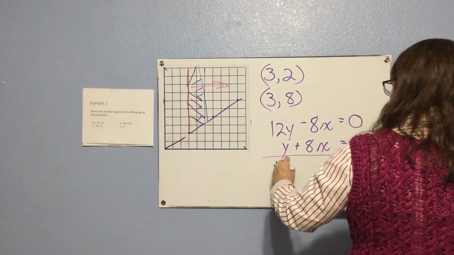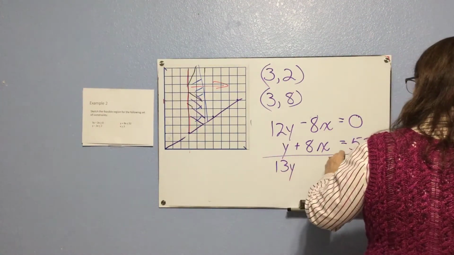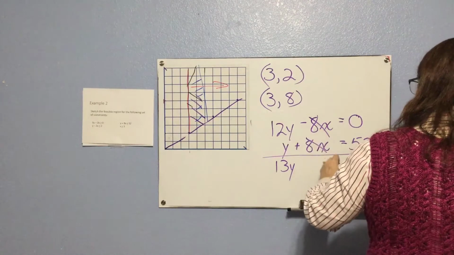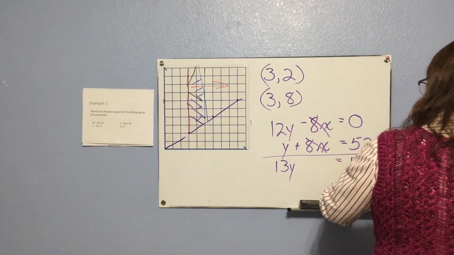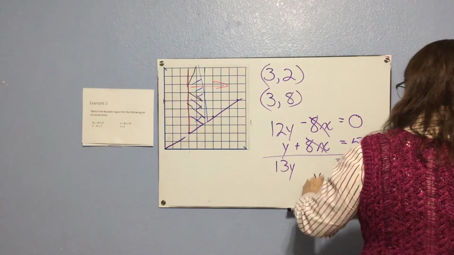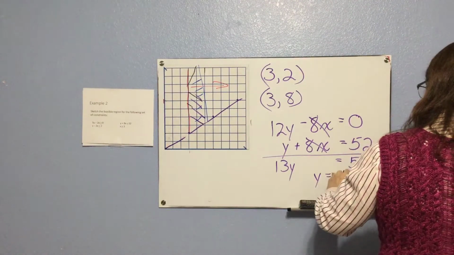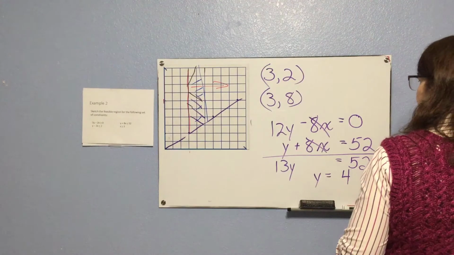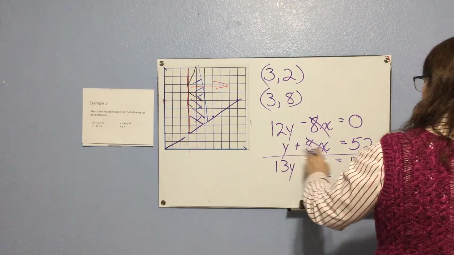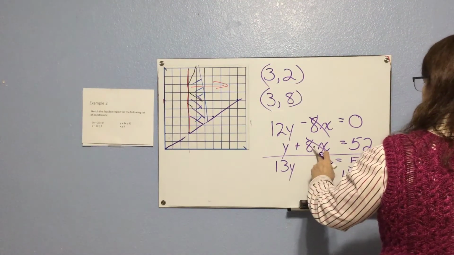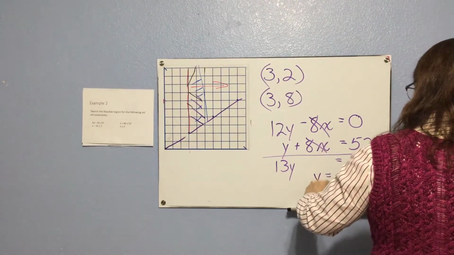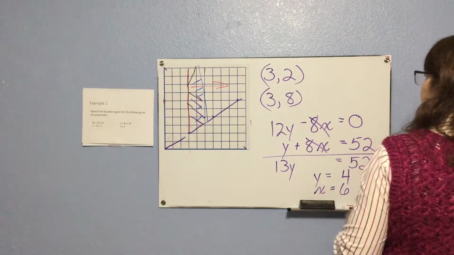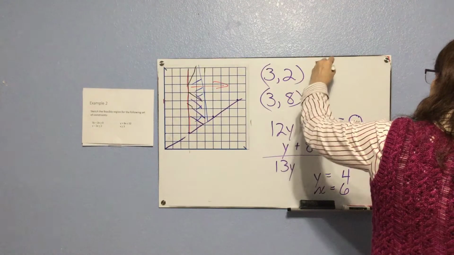So now I have 13y, the x's cancel out, equals 52, which means that y equals 4. Put that back into one of my equations. 4 plus 8x equals 52. x is 6. So that's another point for me.